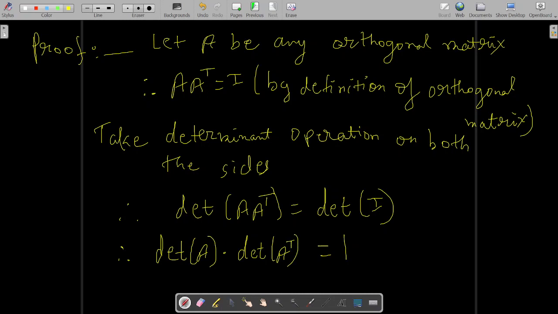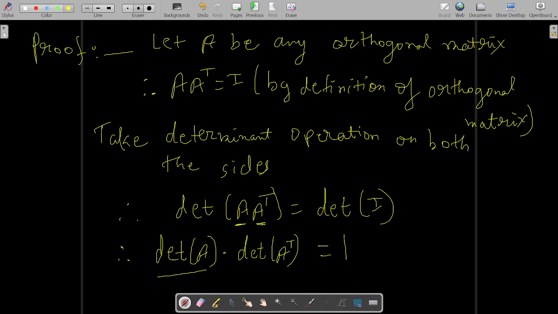Determinant of A A transpose, the product of a matrix and its transpose, when you take its determinant, it is equal to the product of individual determinants.